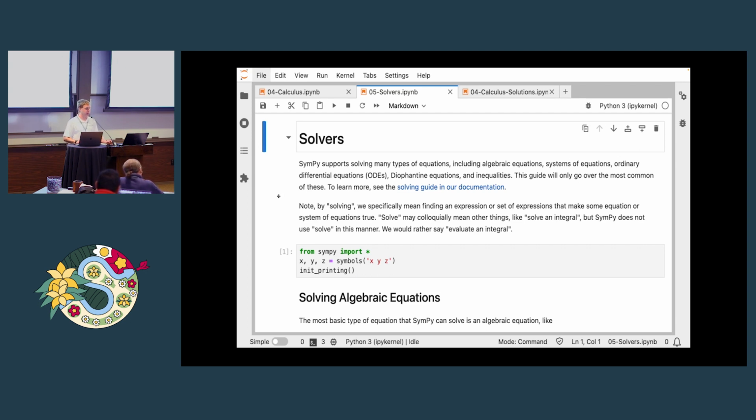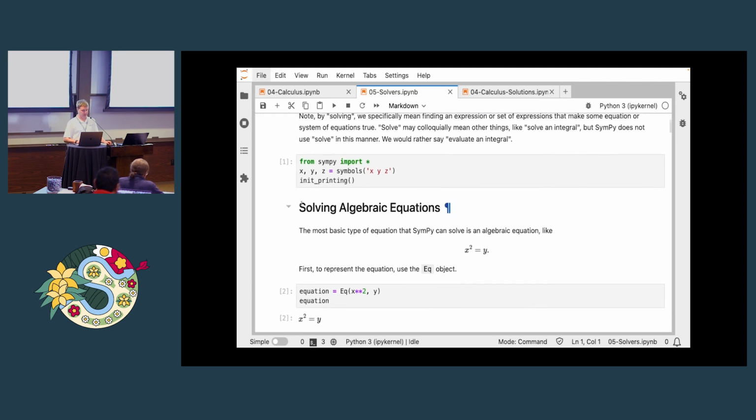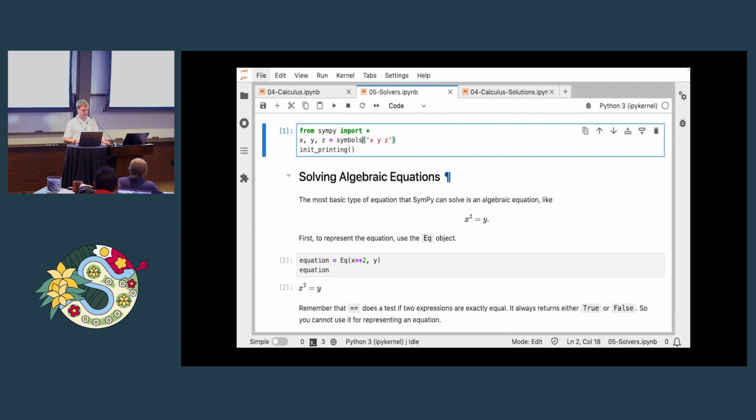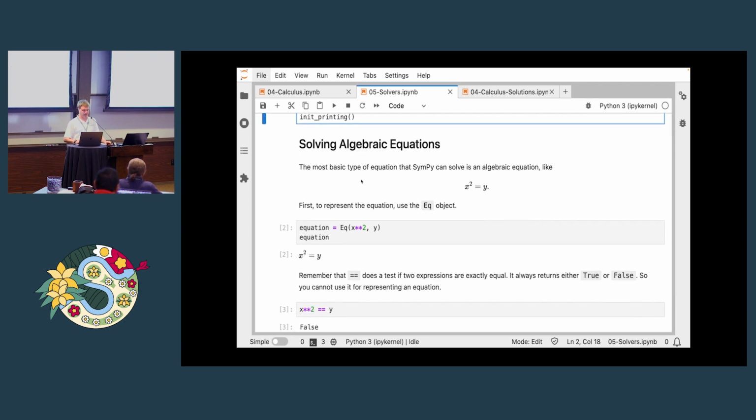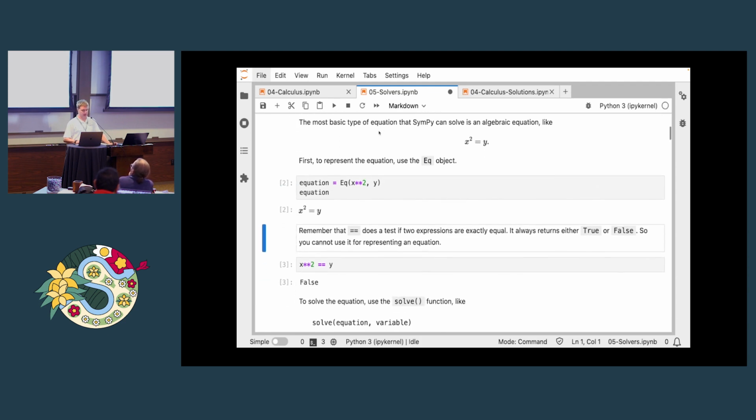So the next notebook is about solving equations. To represent an equation in SymPy, I think I showed this already, but you use the Eq object to represent a symbolic equation.